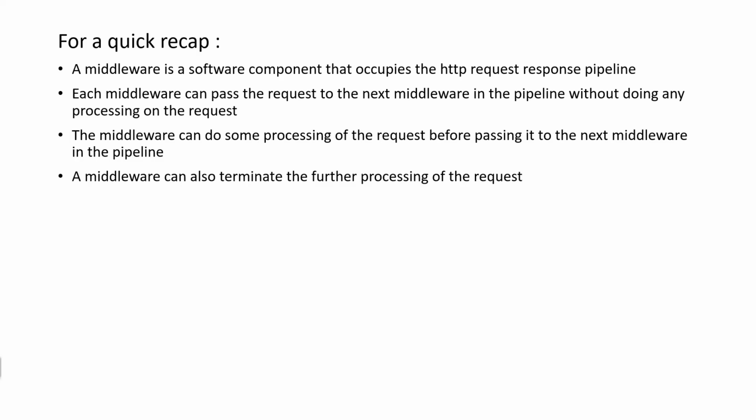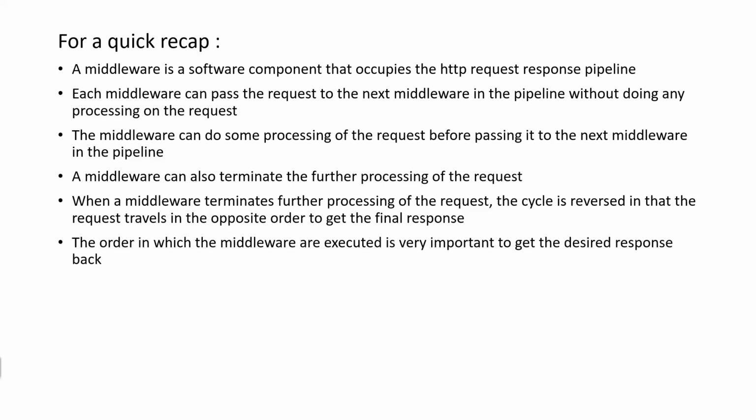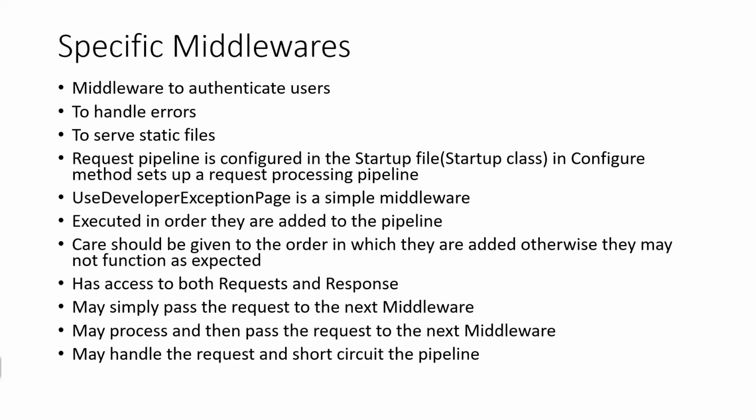A middleware can also terminate the further processing of the request, in which case it is termed as short circuiting the request response pipeline, and hand the response back. When a middleware terminates further processing, the cycle is reversed in that the request travels in the opposite order to get the final response. The order in which the middleware are executed is very important to get the desired response back. If a strict order is not followed, we may not get the desired response back. That's all.